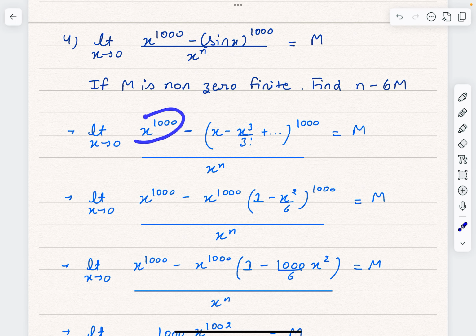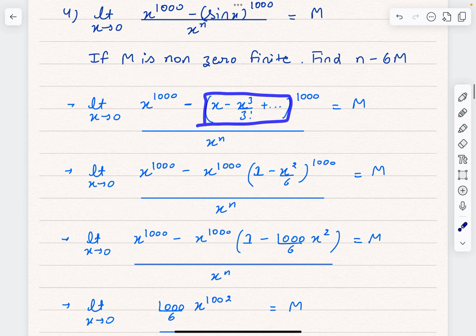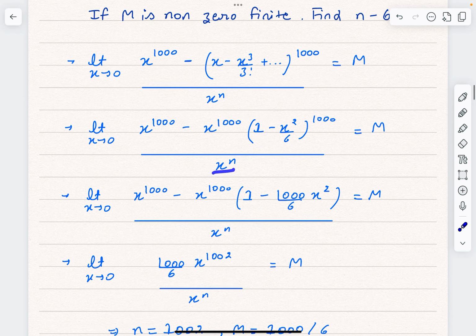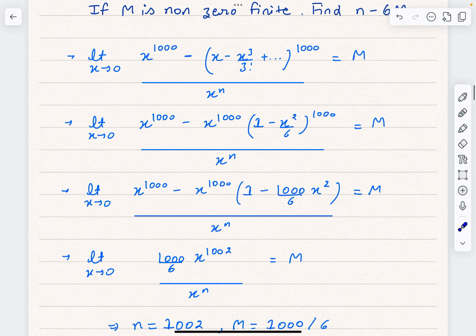So x power 1000 as it is, expand this sin x, you get x minus x cube by 3 factorial and so on, whole raised to power 1000. Now take x common from here, we get x power 1000 minus x power 1000. Inside will be 1 minus x square by 6 and so on, whole raised to power 1000, divided by x power n equal to M. Now here, if I use that thing, 1 plus x power n, we can write as 1 plus nx.